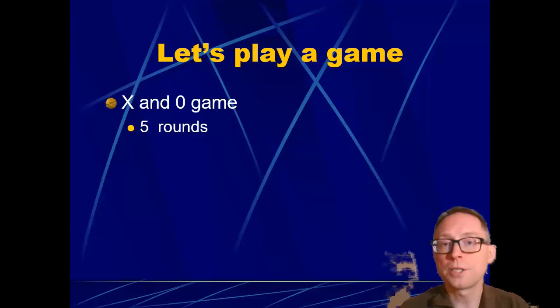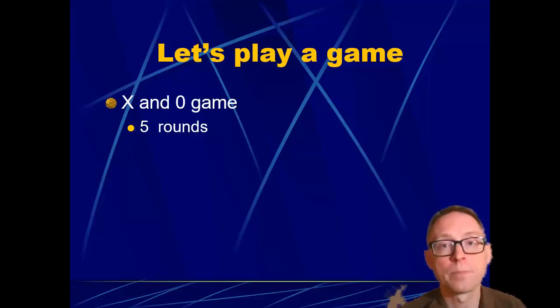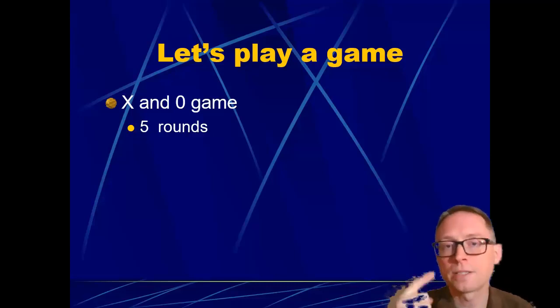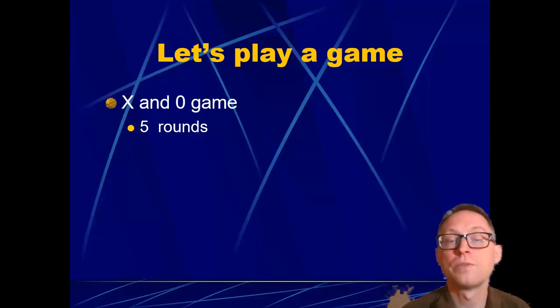So the way this goes is, if we both give O's, then we both get 10 points. If we both give X's, we get negative 10 points. But if I give an X and you give an O, then you get 0 points and I get 15 points.